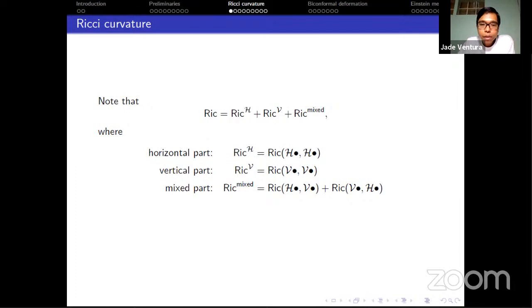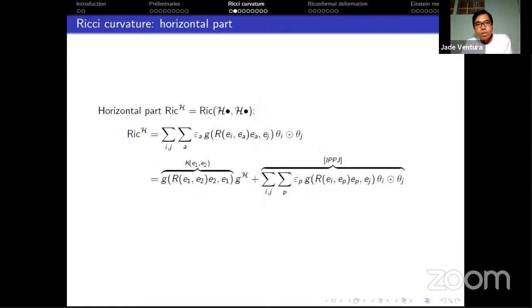And we obtain those just by restricting the inputs, the horizontal to vertical parts, in the appropriate expressions. So here I quickly outline a sample computation. For example, the horizontal part, by definition.